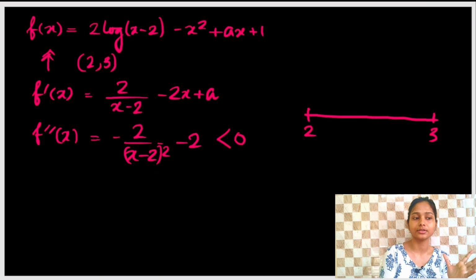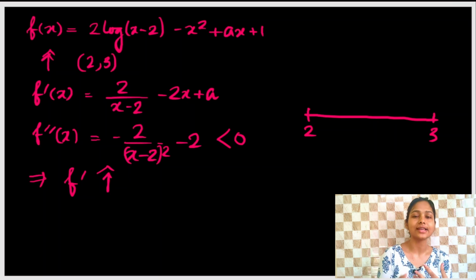We have the condition that this function is strictly increasing. So it must increase like this, and also the double derivative is negative. This double derivative being negative suggests that f dash is strictly decreasing. So what does f dash mean?